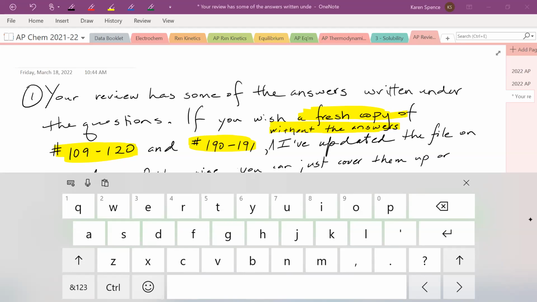I have posted a new version of that file that doesn't have the answers on those ones that I had on the screen a wee bit earlier.